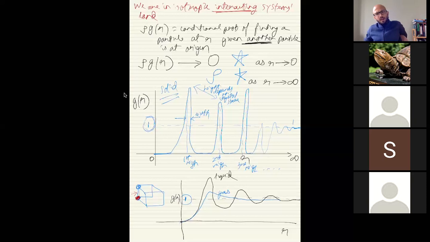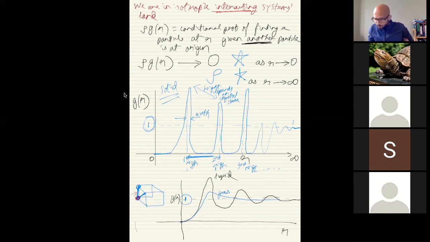Okay. Yeah. And it's also the location. What value of R are they happening at, right? Because that's going to be even more important. For a simple cubic structure, the first neighbor will happen at A, then the second neighbor should happen at square root of 2 times A, right? So it's the height and also the relative value of the location of the peak that tells you something.